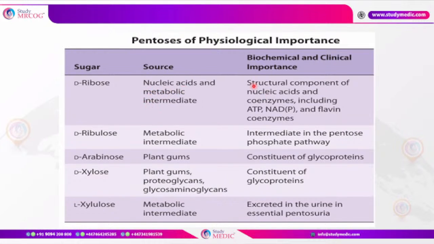And not only the nucleic acids like DNA, RNA, but also coenzymes like ATP, NAD, FAD. So it is an important component of these coenzymes as well. And ribulose is obtained from the pentose phosphate pathway, or HMP pathway. So these are the 2 important products to be remembered from the pentose.